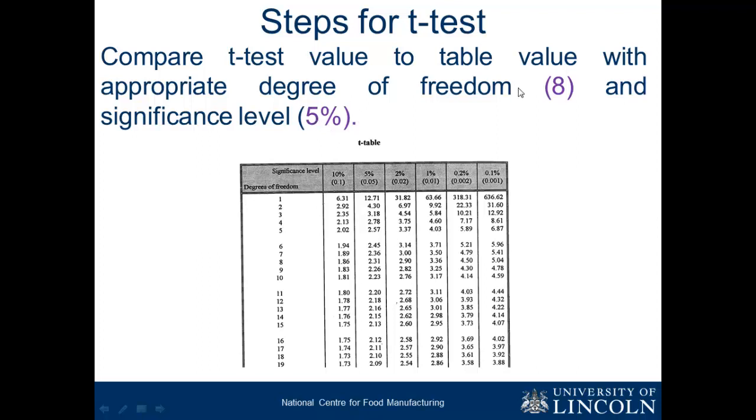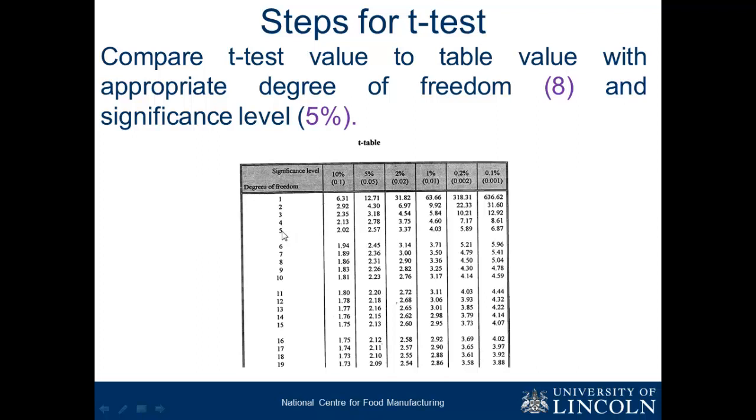So we have the degree of freedom of 8. Don't forget we've done that. And you know how we got that: we use the number of elements for each of the samples, take one from each, then add them together. We have 8, and your significant level is 5%. So you need this table.